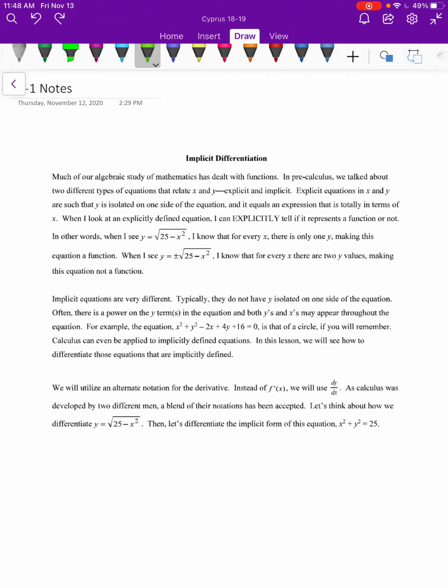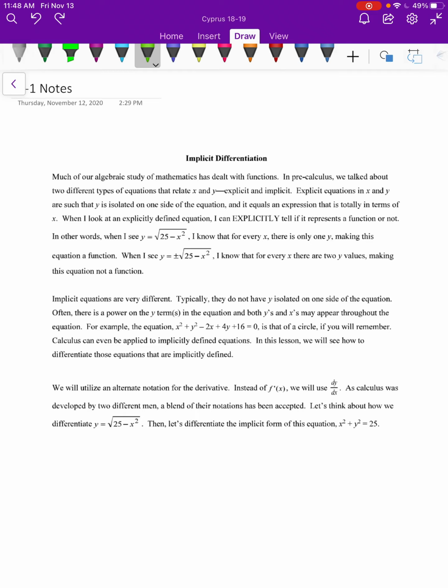Explicit equations in x and y is when y is isolated on one side of the equation and it equals an expression that is completely in terms of x. So when you look at an explicitly defined equation, you can explicitly tell if it represents a function or not.